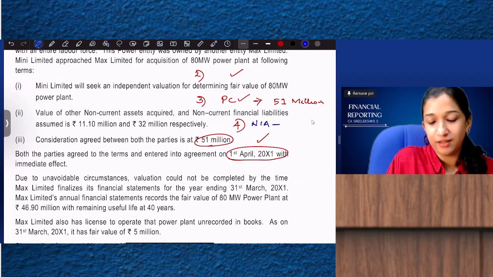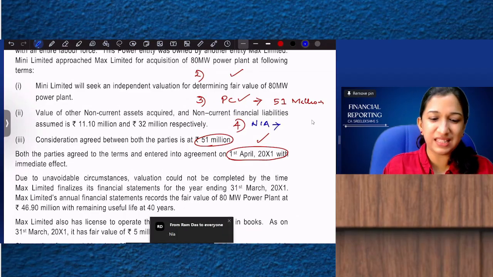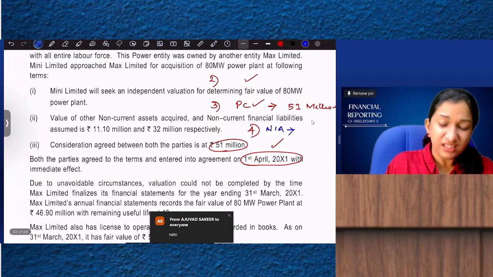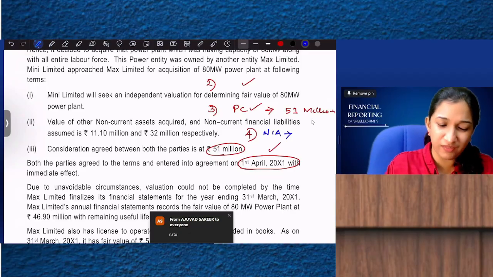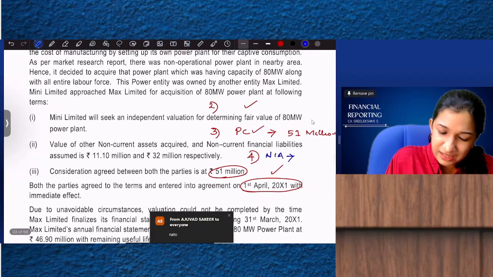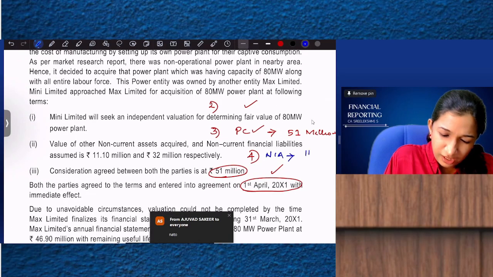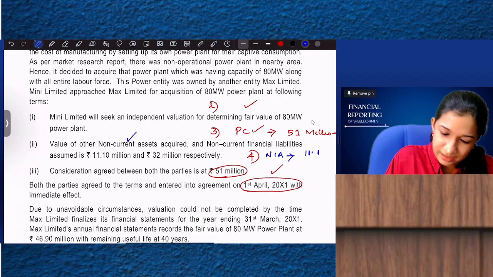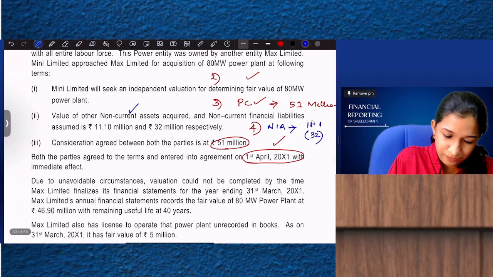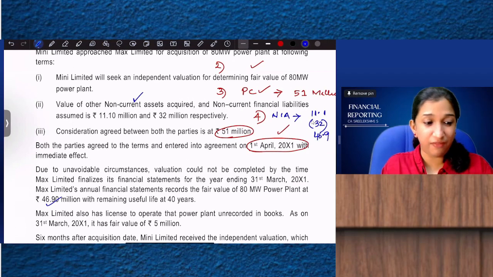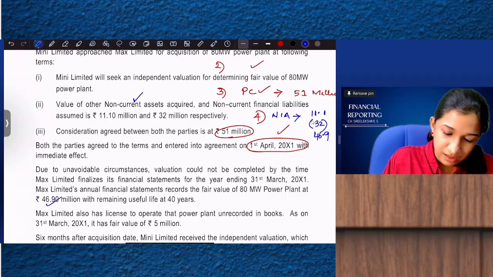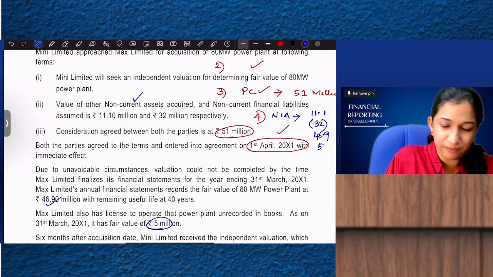Net identifiable assets. There is no tax rate. Otherwise also, fair values and book values are not given. So here, net identifiable assets: 11.1 non-current assets, minus 32 liabilities, 46.9 fair value of the power plant, and license 5 million.